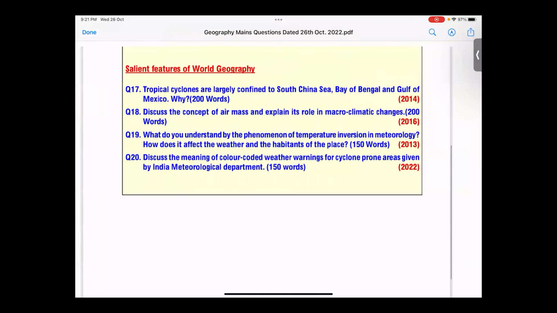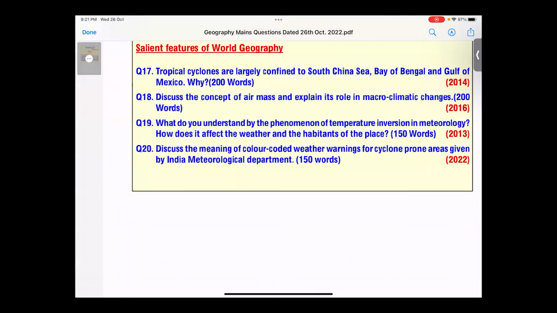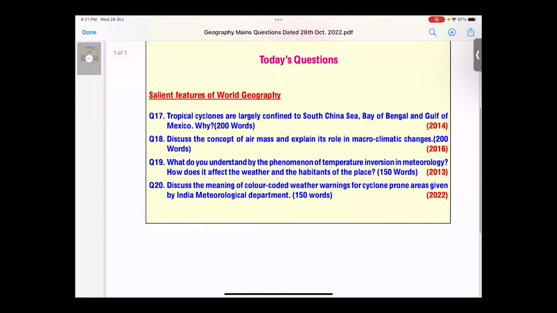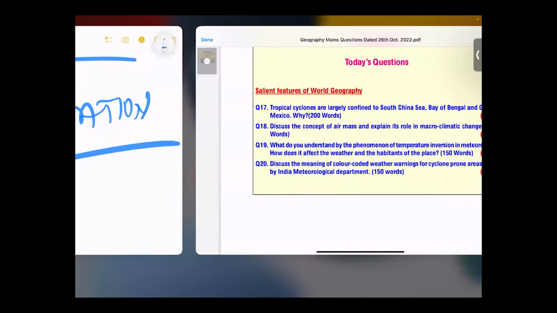18th question. Discuss the concept of air mass and explain its role in macro climate change.